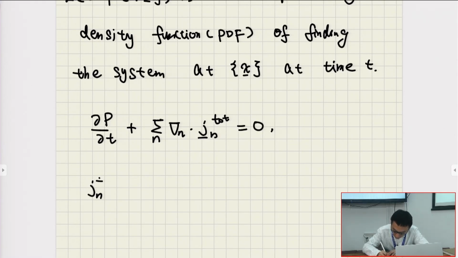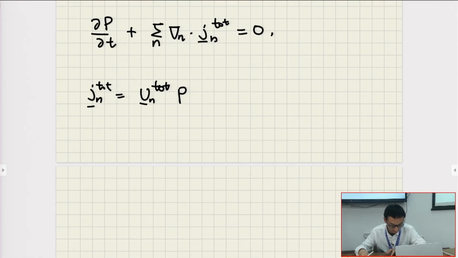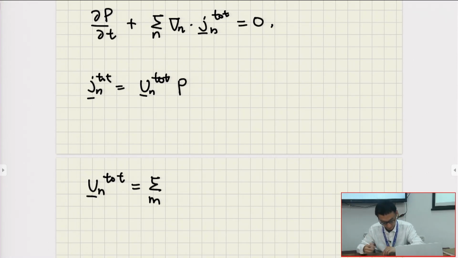So then, from our previous discussion moments ago, we can write down the flux for the nth coordinate just by writing this as the total velocity that you get from that coordinate times the probability density function, as we did for the one particle behavior. So then the only difference here really is in the mobility. So then the total velocity can be written as, now it's a sum because we have more than one coordinate, over these mobility matrices.